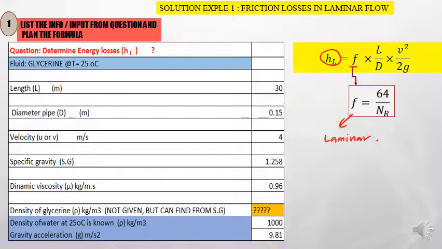Here is the information listed down from the question. The length is given, 30 meters, and the diameter of the pipe is also given, 0.15, and velocity is given. As I said, the specific gravity is the ratio between the density of glycerin divided by the density of water.